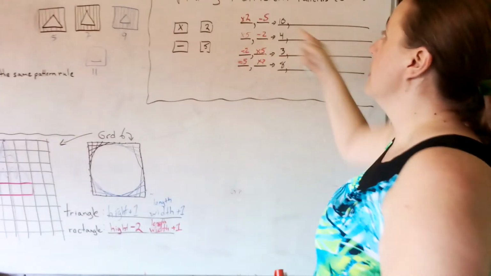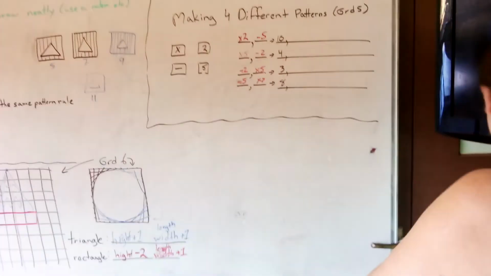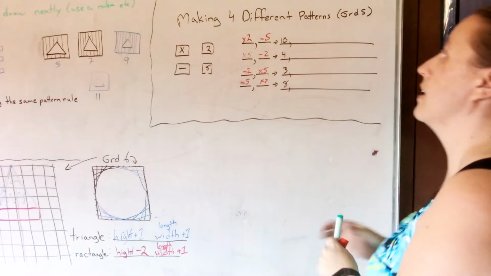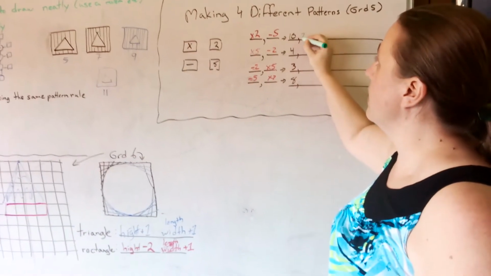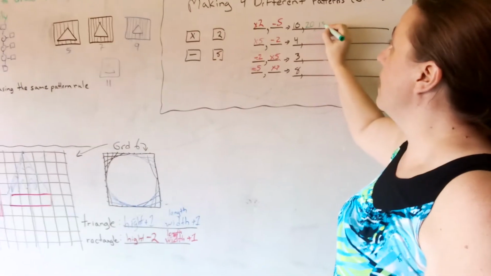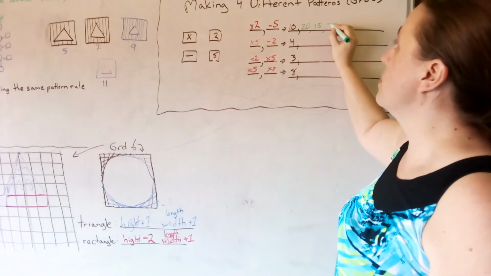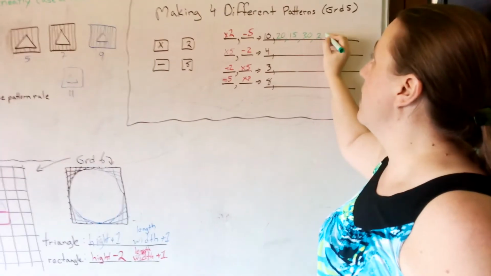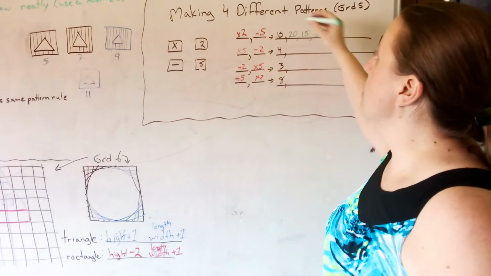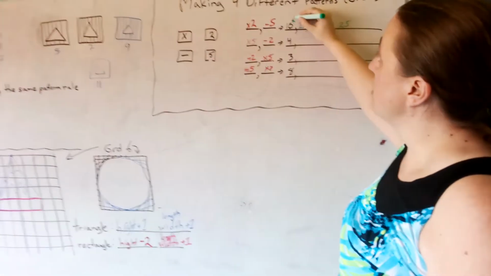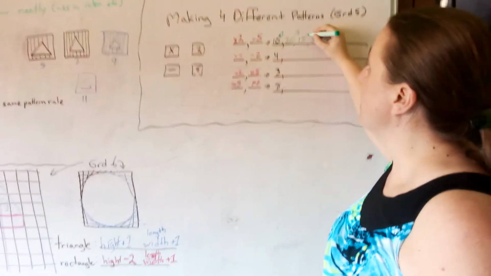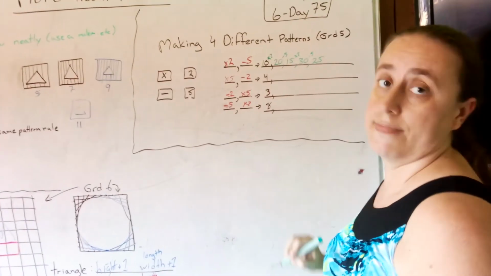I can go 10, whoops, it's the wrong color. I can go 10 times 2 is 20, minus 5 is 15, times 2 is 30, minus 5 is 25. See that? So this was times 2 minus 5 times 2 minus 5. Okay?